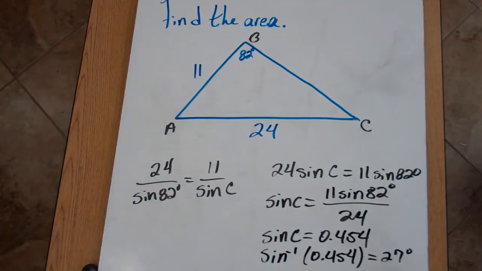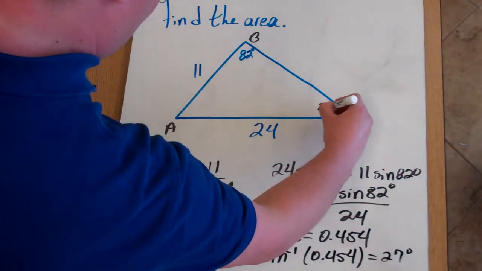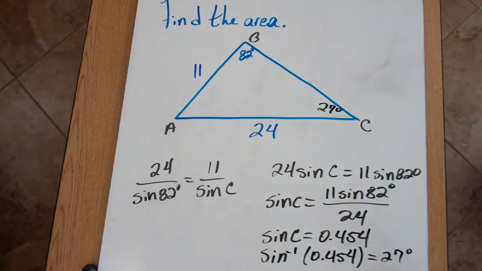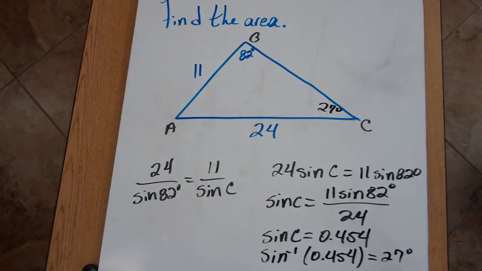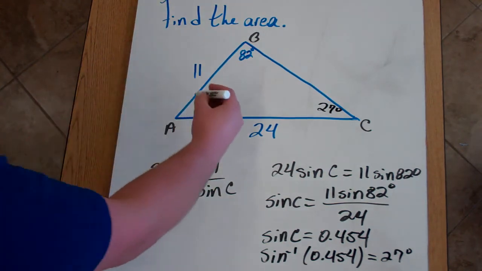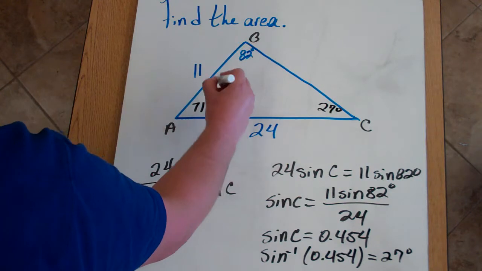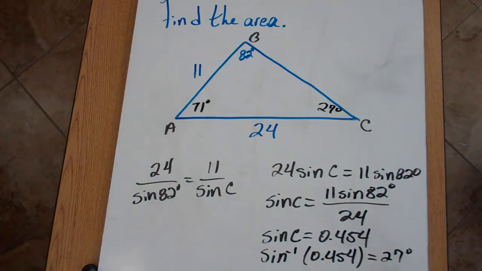All right? So our angle now here for C is 27 degrees. All right? So now we can just add them together, subtract from 180. We know that this angle is 71 degrees. All right? So now we can use our new formula to find the area of this triangle here.